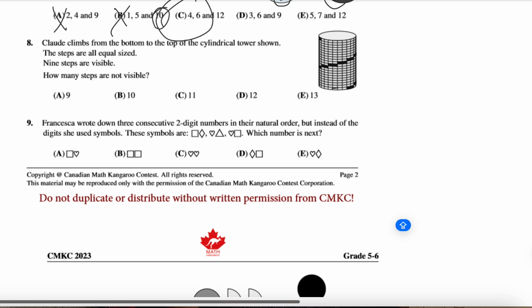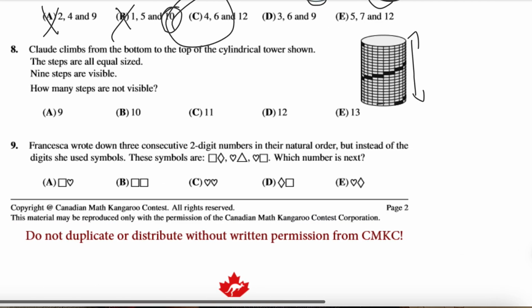So let's first count how big this cylinder is. 1, 2, 3, 4, 5, 6, 7, 8, 9, 10, 11, 12, 13, 14, 15, 16, 17, 18, 19, 20.